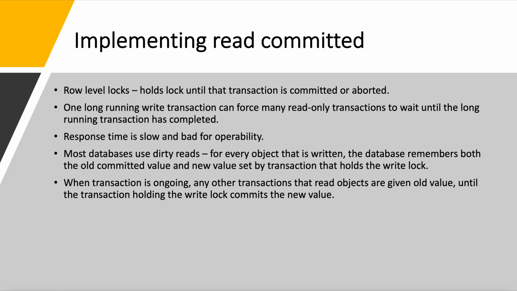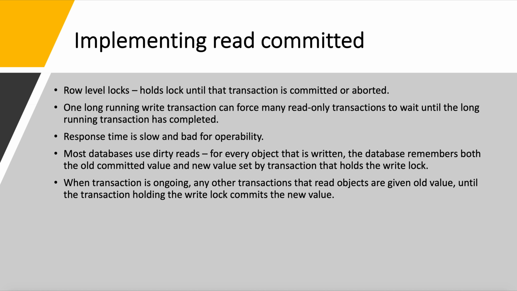But this approach of acquiring read locks does not work, because one long running write transaction can force many read only transactions to wait until the long running transaction has completed. This would result in slow response time, and it is bad for operability.